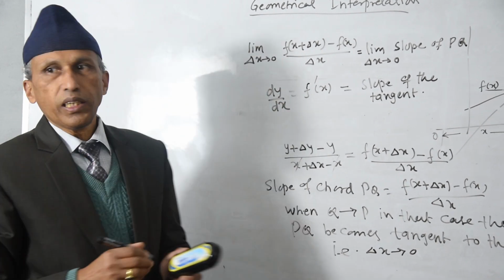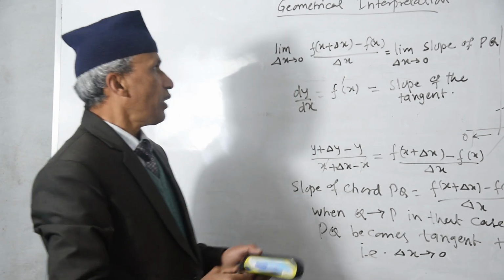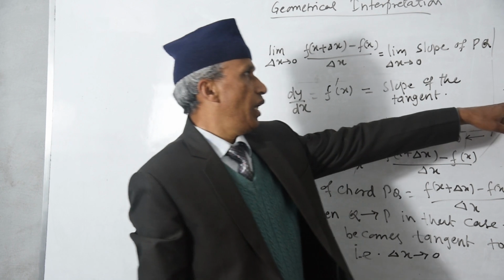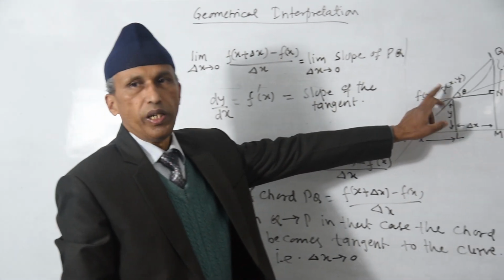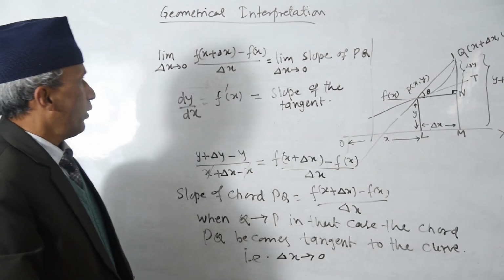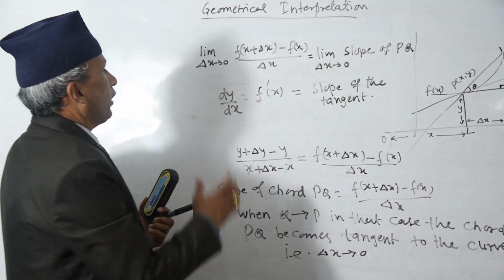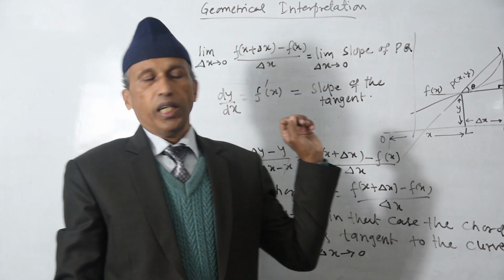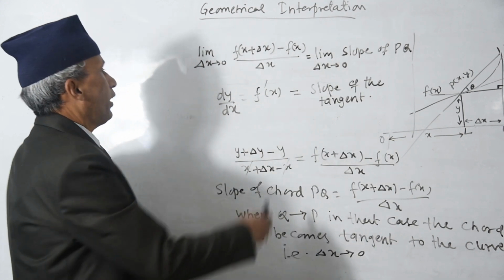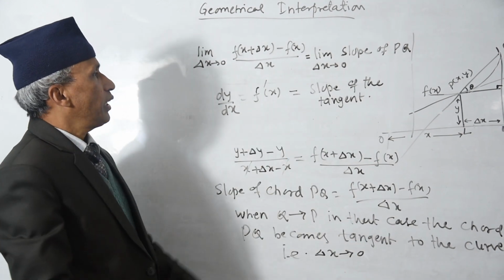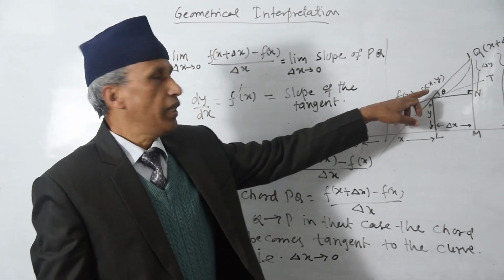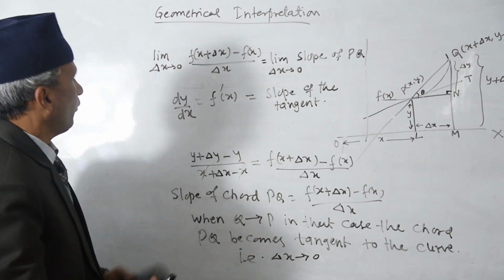So dy by dx, that is f prime x, is the slope of the tangent at the point P to the curve. Okay. So this is the geometrical meaning. What is the geometrical meaning? The derivative gives us the slope of the tangent to the curve at the given point P.